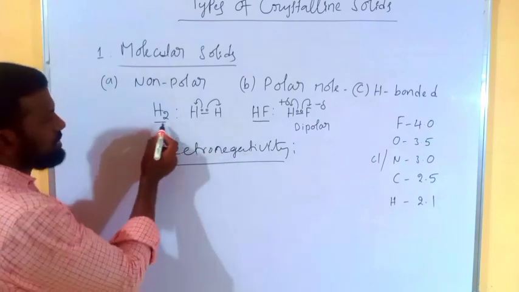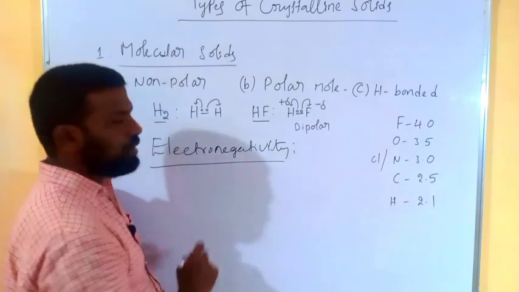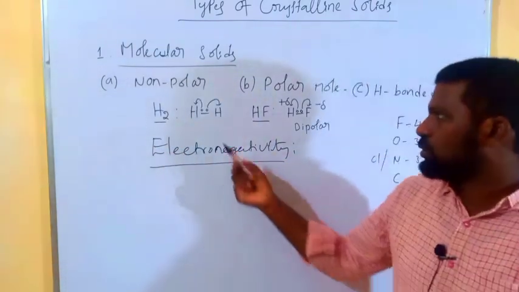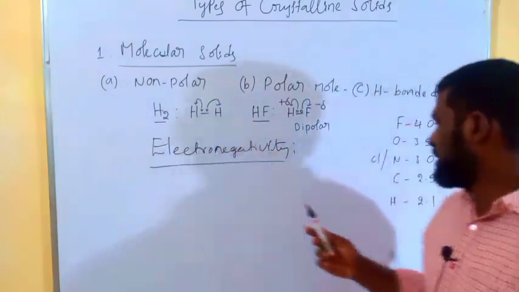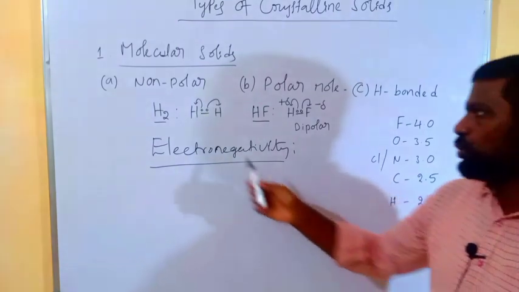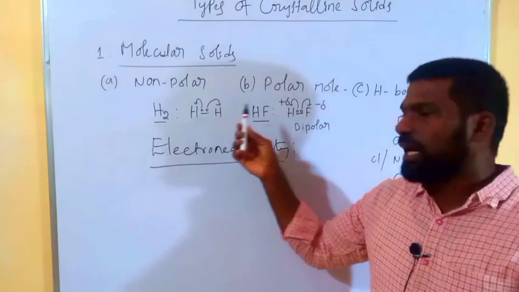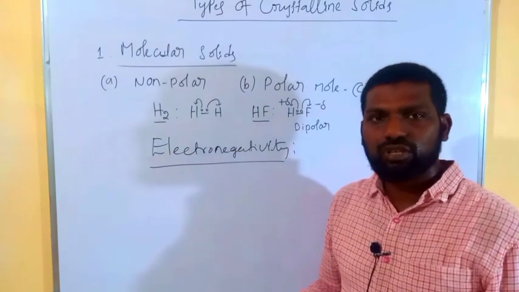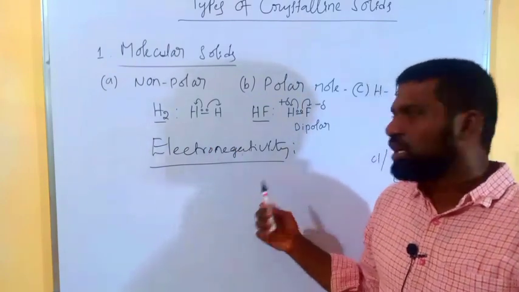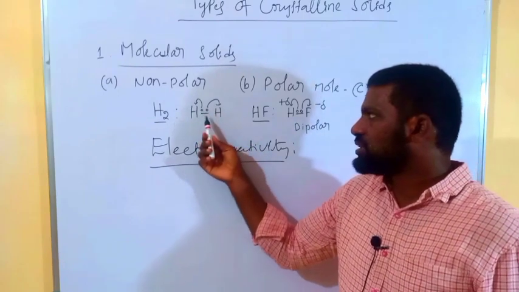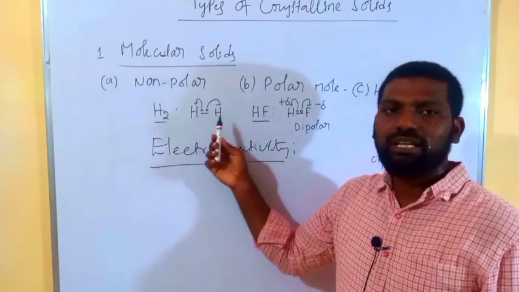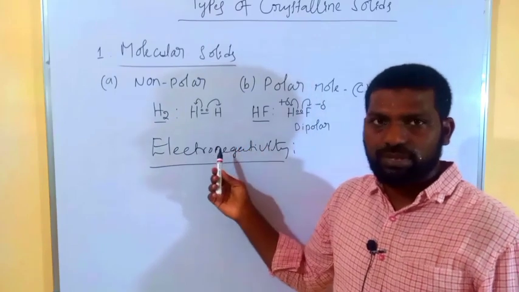Here, if you see this example, the hydrogen molecule contains two hydrogen atoms. So the electronegativity of each hydrogen atom is 2.1. 2.1 for the first hydrogen atom and 2.1 for the second hydrogen atom. So the difference will be 0. 2.1 minus 2.1 is 0, which means this electron pair does not move towards either of the hydrogen atoms.